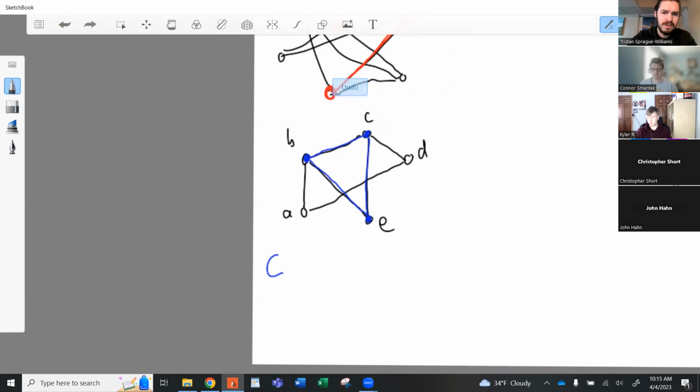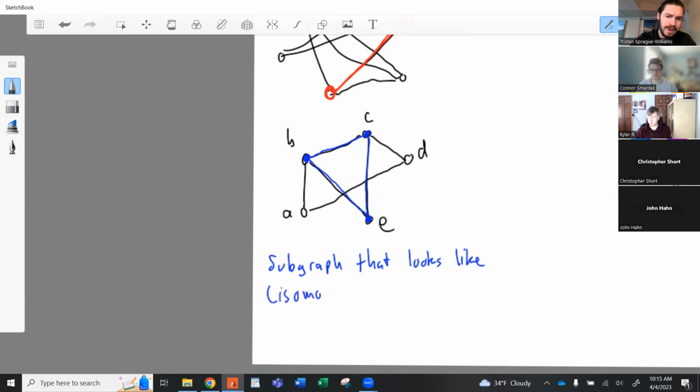Actually, what I could say is that there is a subgraph that looks like, and I'm going to put in parentheses, isomorphic to, because that is a term we have yet to introduce, but when we introduce it, I think this will make sense.